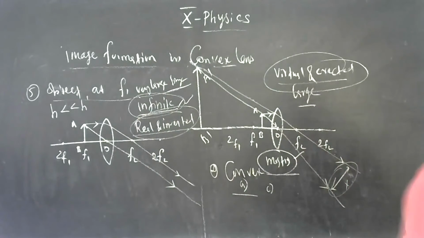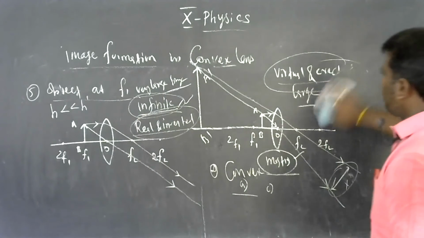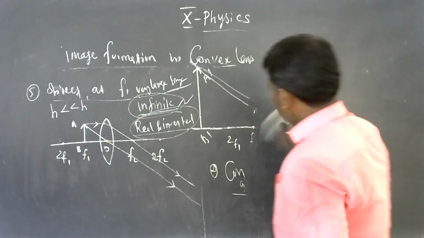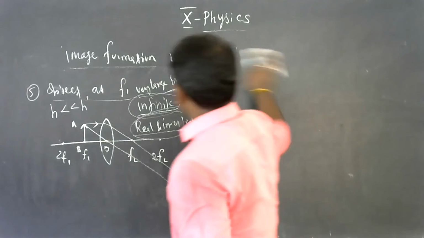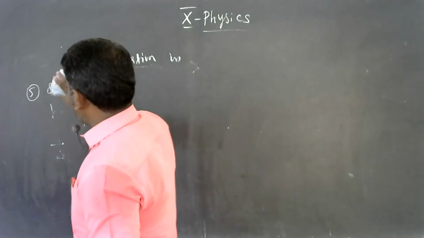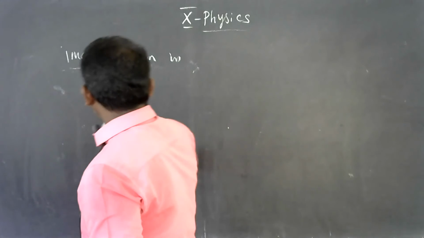Next we are going to see the image formation by the concave lens. Concave lens, I already told you, has only 2 possible cases, so it is very simple.